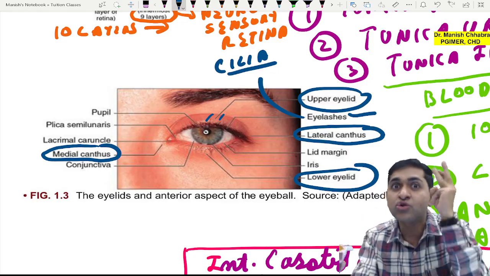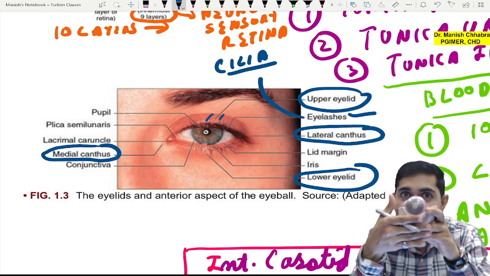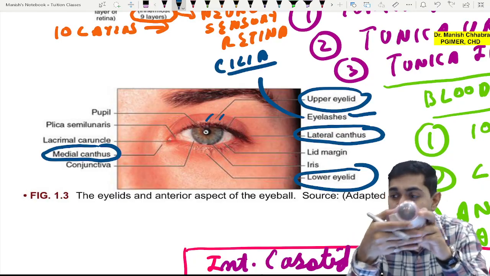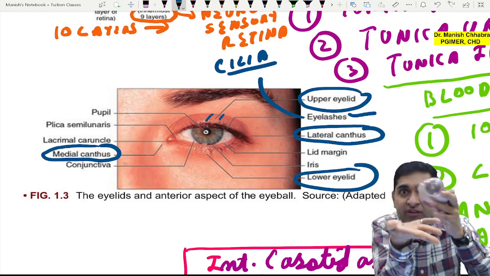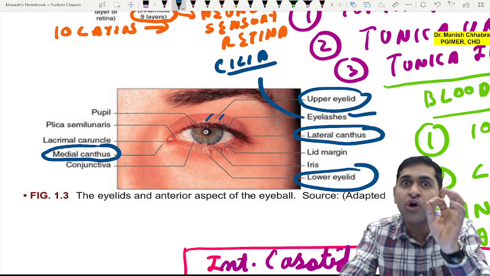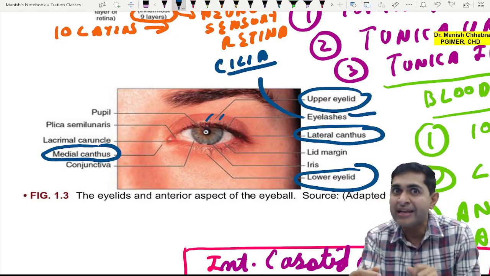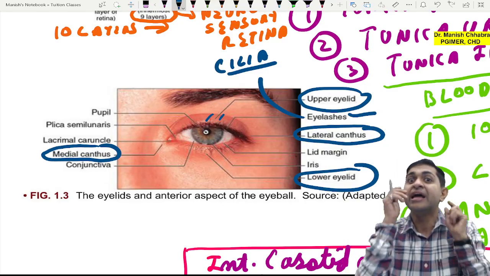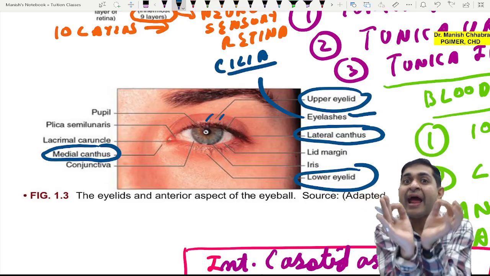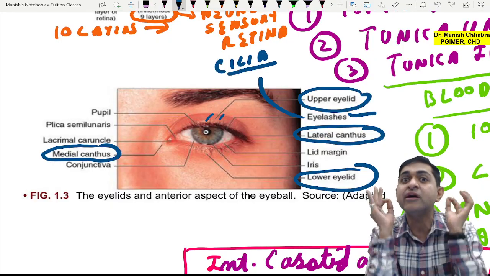This conjunctiva has three parts: one which covers the bulbar part of the eyeball, the second which covers the innermost part of the upper and lower eyelid, known as palpebral conjunctiva, and the junction of bulbar and palpebral conjunctiva is your fornix.